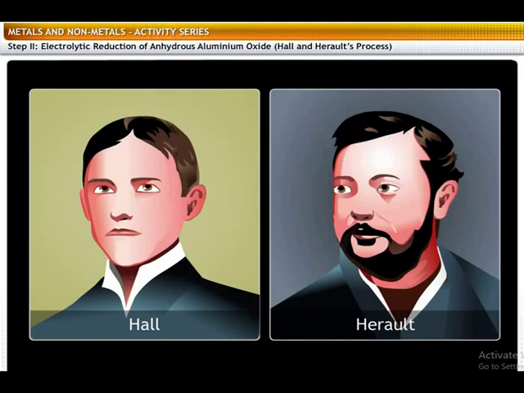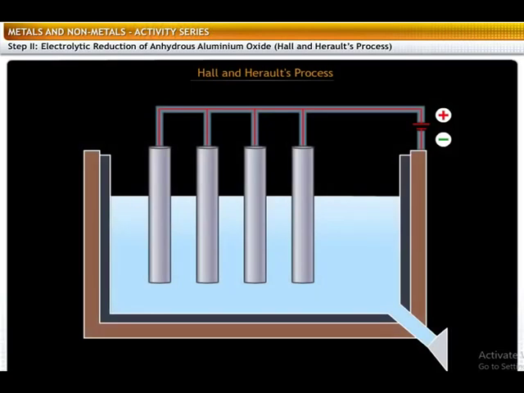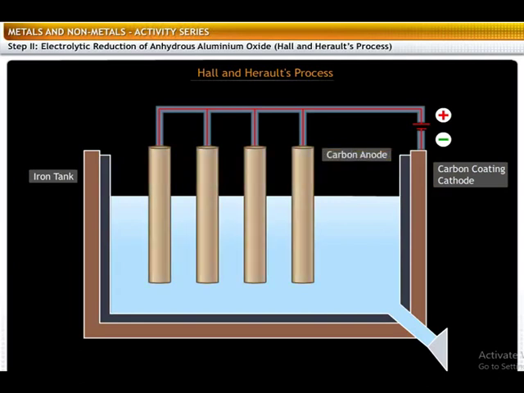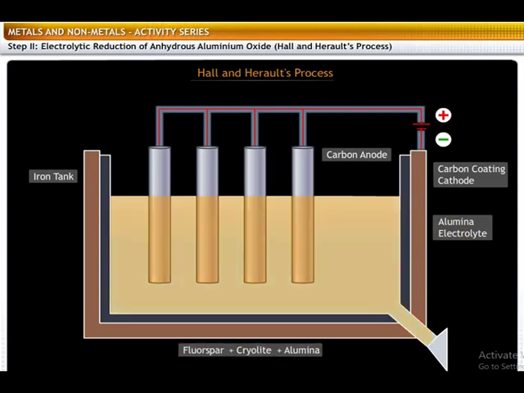The electrolytic cell used in this process has the following components: an iron tank lined on the inside with carbon, which acts as the cathode, a series of carbon rods that act as the anode, and alumina Al2O3 as the electrolyte. Fluorspar and cryolite are mixed with the electrolyte to increase its electrical conductivity and decrease the fusion temperature.